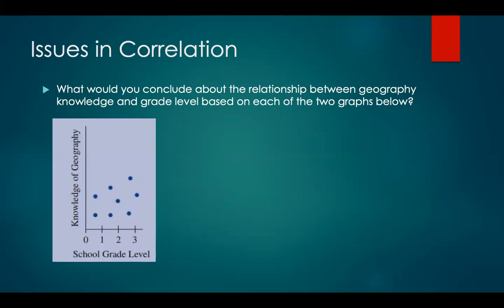So what would you conclude about this relationship between geography knowledge and grade level based on each of these two graphs below? The first one here, it doesn't really look like there's any relationship because we're only looking at a restricted range of grade levels. This doesn't really look like it would follow the pattern of a straight line.